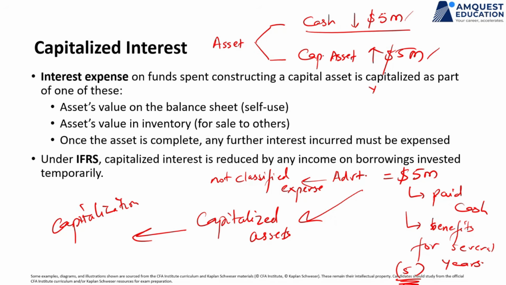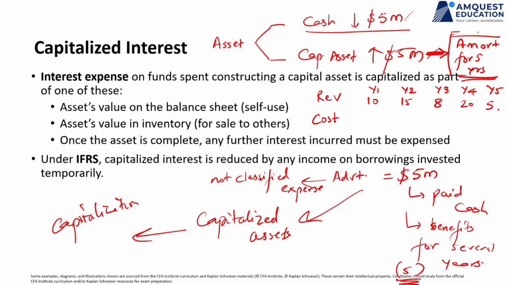Now, every year you get revenues, because I told you I'm going to get multi-year revenues because of this advertisement. You got $10 million, $15 million, $8 million, another $20 million, and $5 million, different revenues. When you are getting revenue, you have to match the cost of revenue. What is the cost incurred to generate these revenues? So this capitalized asset of $5 million will get amortized for 5 years equally.